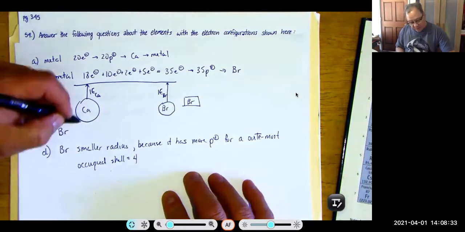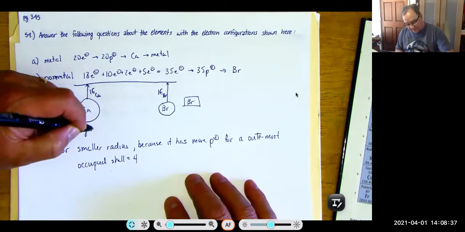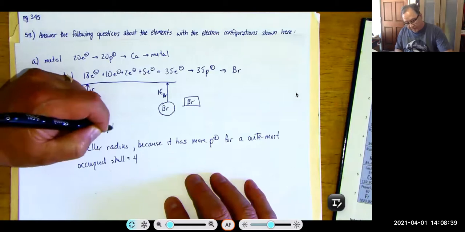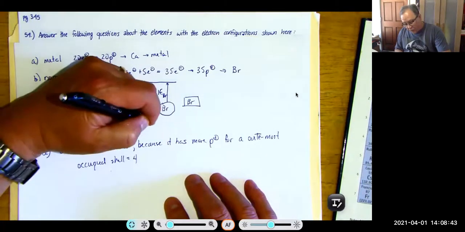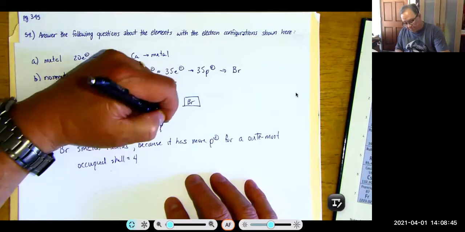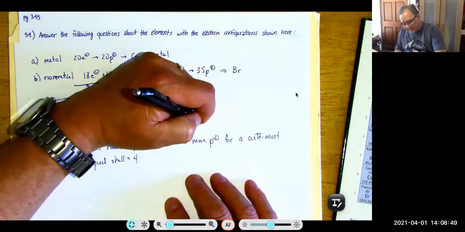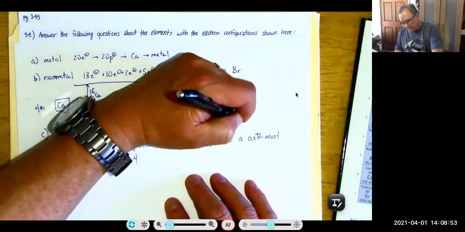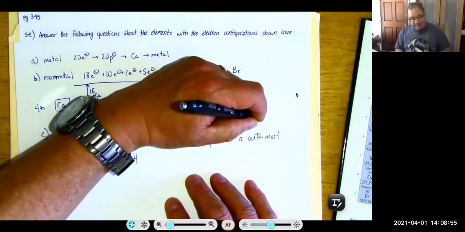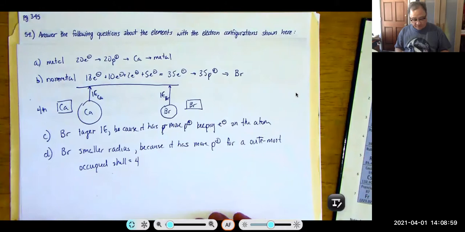And here, bromine has the larger ionization energy because it has more protons keeping the electrons on the atom. Okay, so that's the answer to number 54.